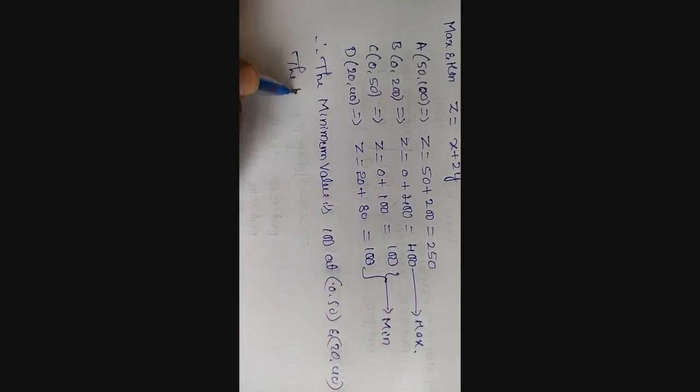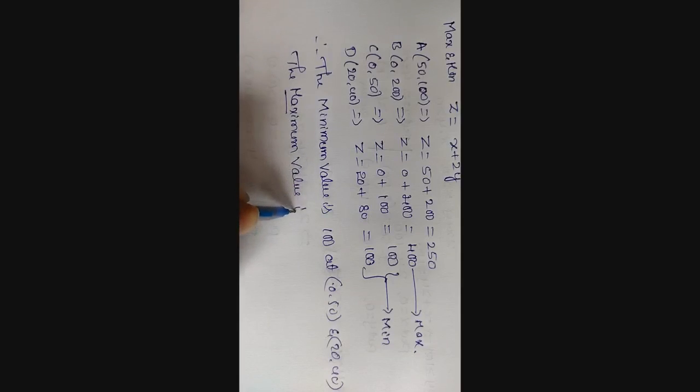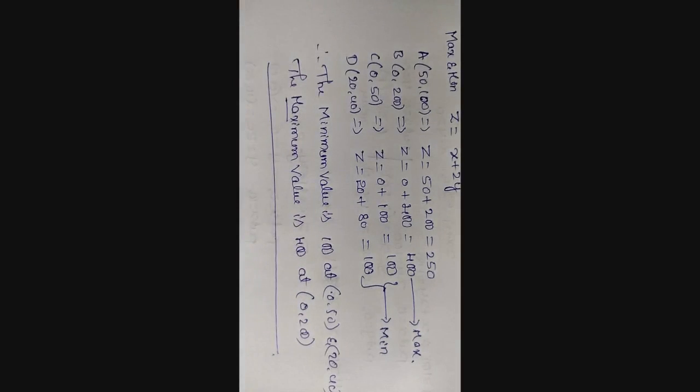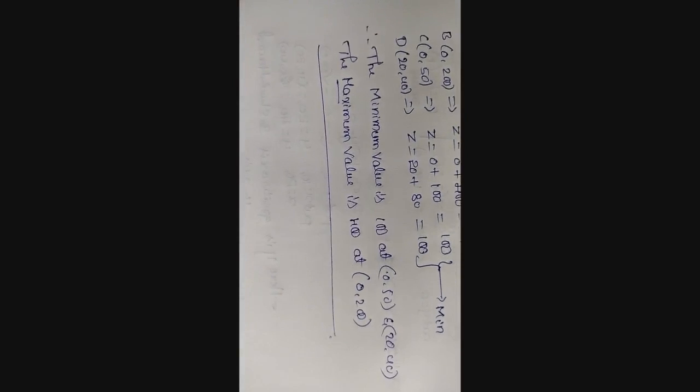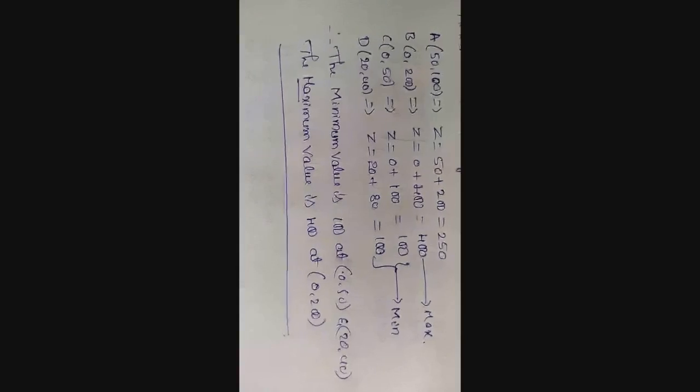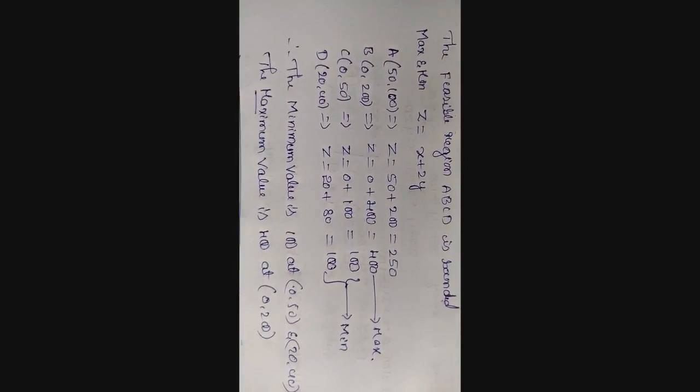The maximum value is 400 at 0 comma 200. So this is the required solution for this problem. Clear? So write down all of you and copy the notes or take a screenshot.